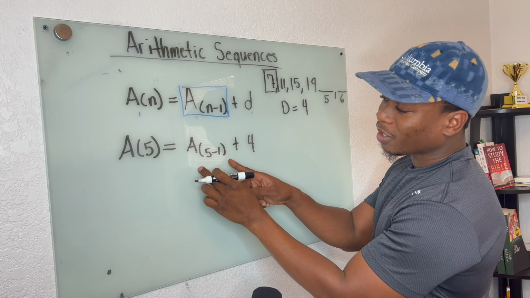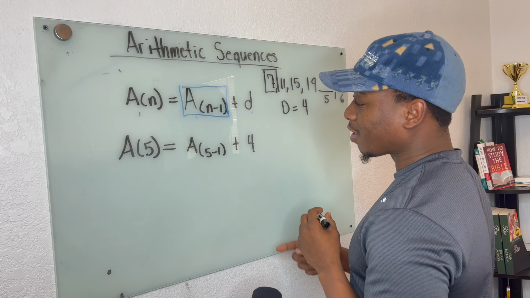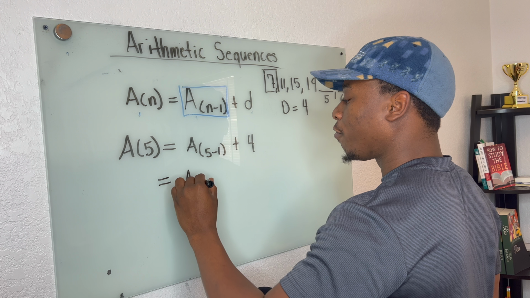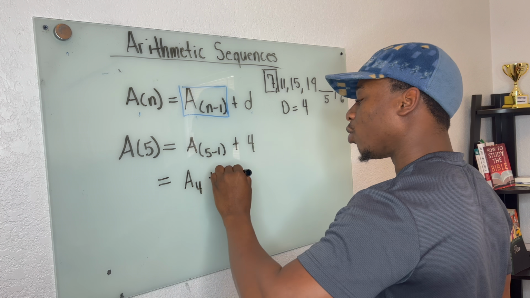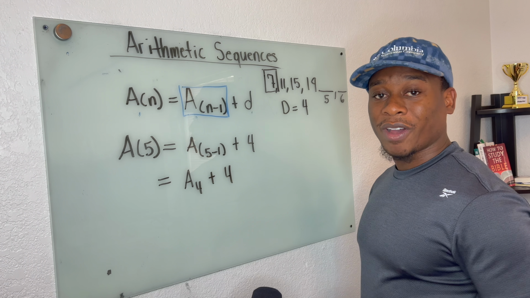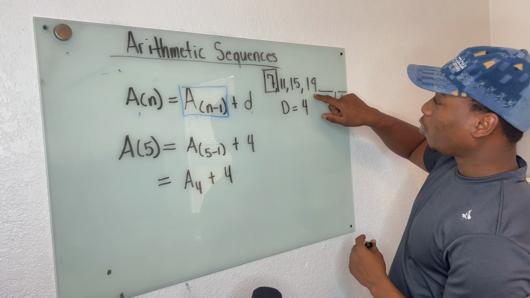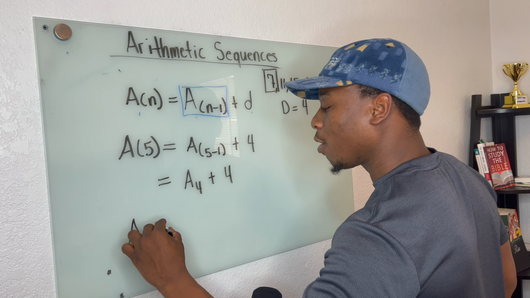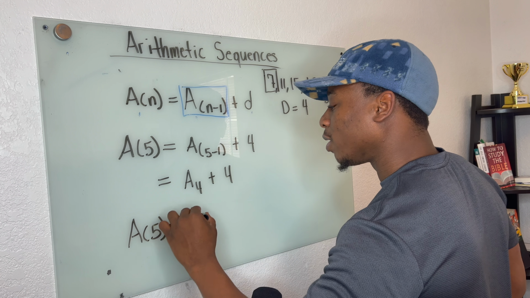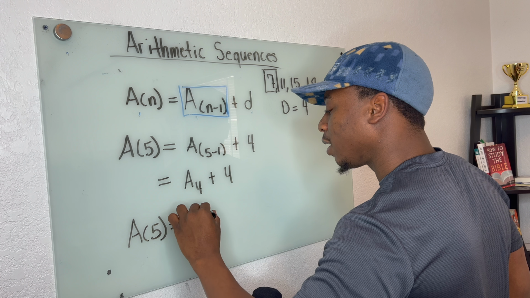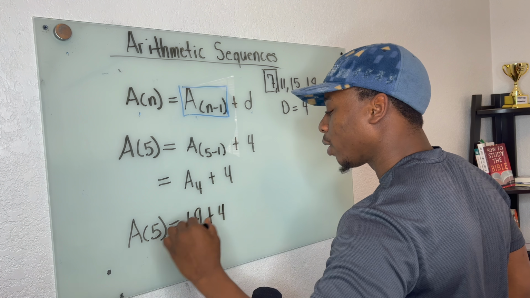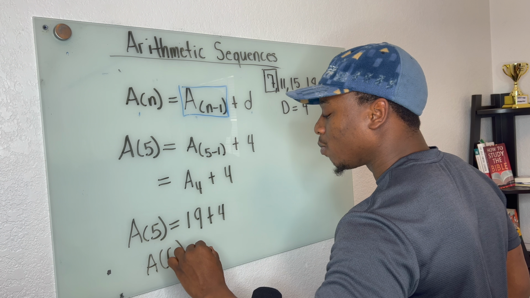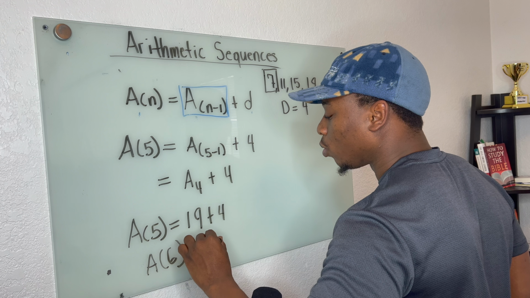So let's focus here, because what this is saying is we are going to take a of 4 and add 4 to it so that we can get a of 5. a of 4 is 19. So for us to find a of 5, we are going to take a sub 4, which is 19, and add 4 to it. So that means a of 5 is going to be equal to 23.